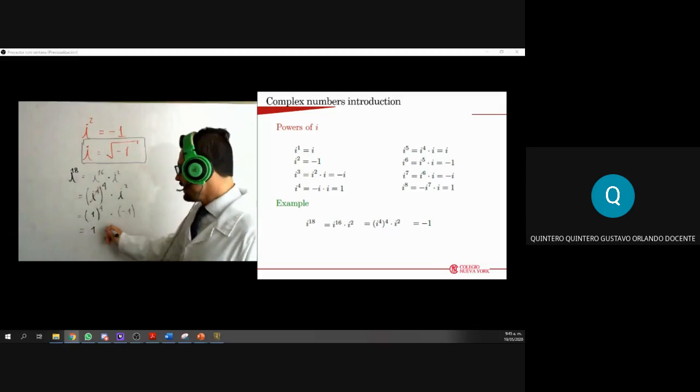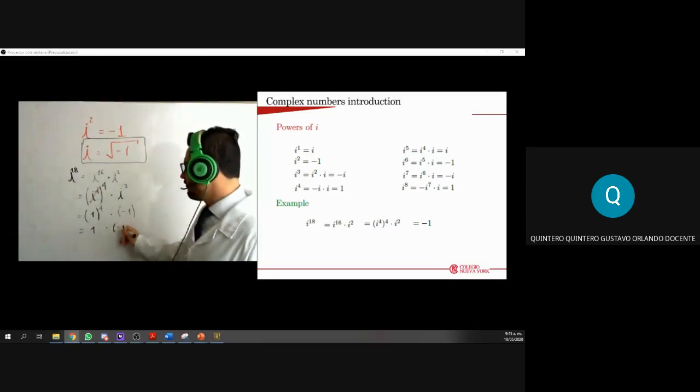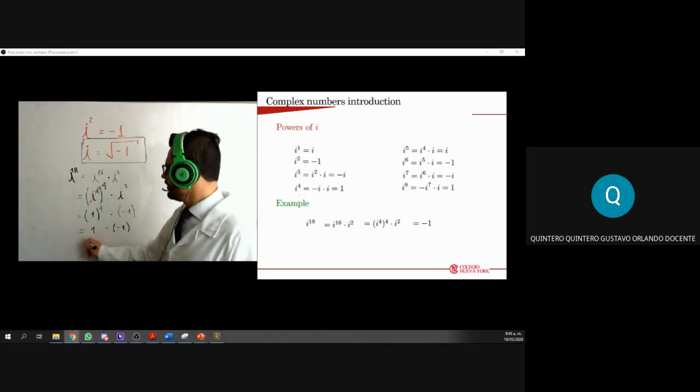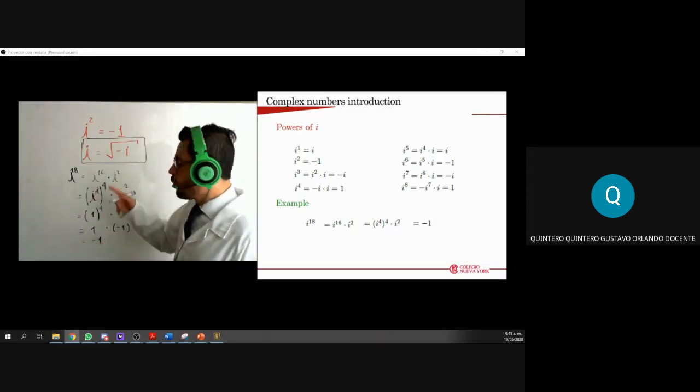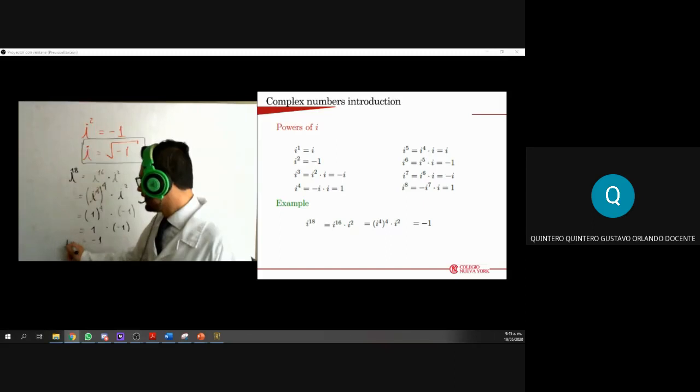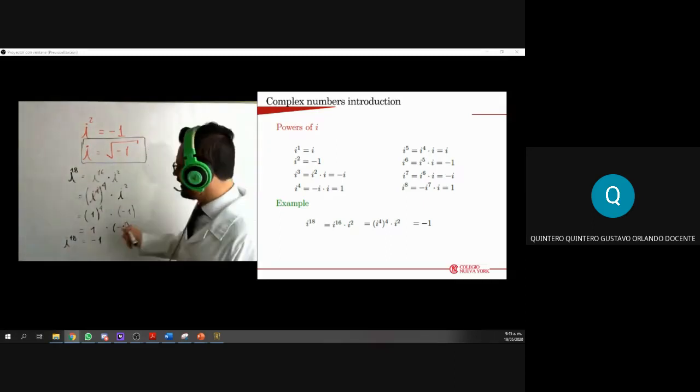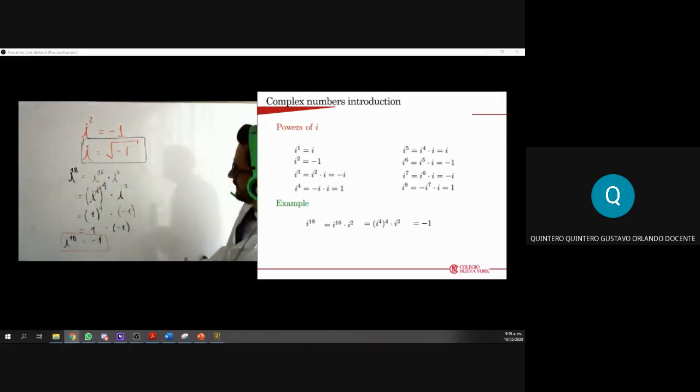So we have 1 times -1. And how much is 1 times -1? Well, that is -1. So we know I to the 18th power is -1. Here is our solution. And that is the process we do.